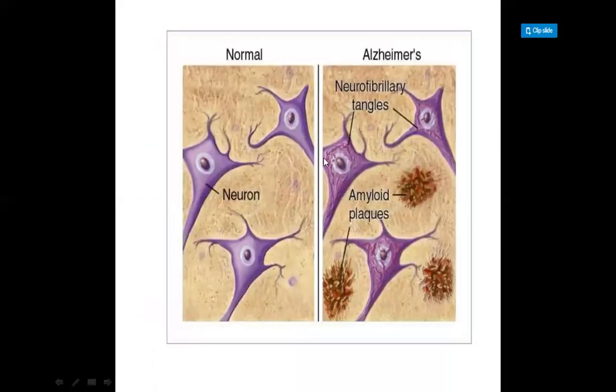Then this picture shows the differentiation between normal neurons and an Alzheimer's patient's neurons. You can see that in a normal patient the neuron is normal, but in an Alzheimer's patient there are neurofibrillary tangles, and between the neurons, amyloid plaques are formed in the brain.